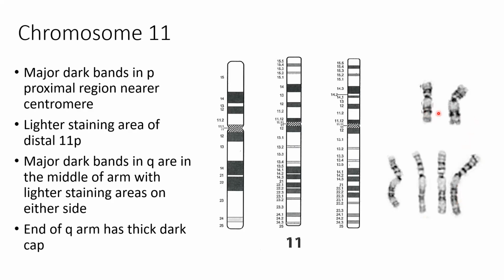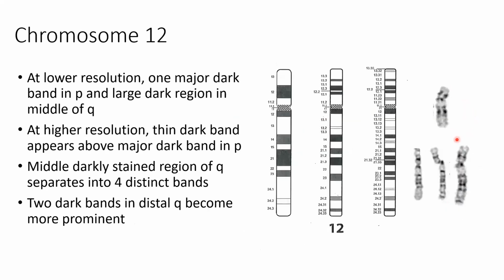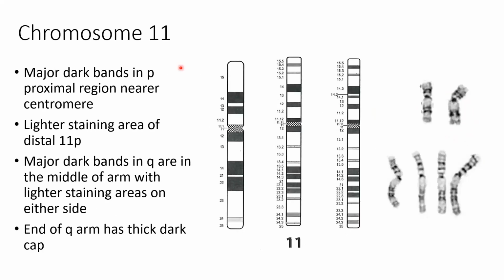But this very dark region in the middle of the Q arm, and then the dark region at the proximal P arm, or how to separate an 11 from a 12, which also has a very dark region on the P arm. The P for 12 tends to be a little bit shorter than the P arm for 11.